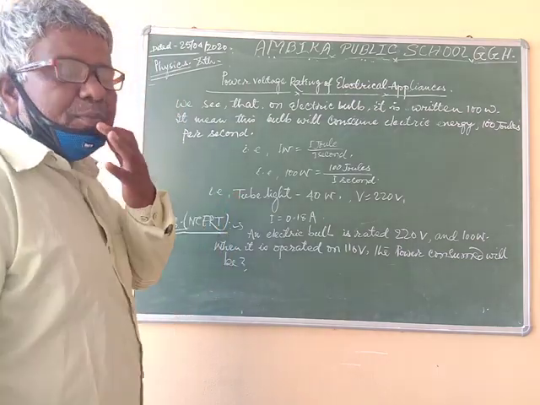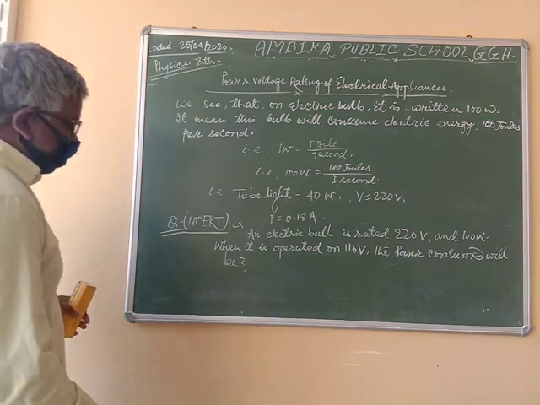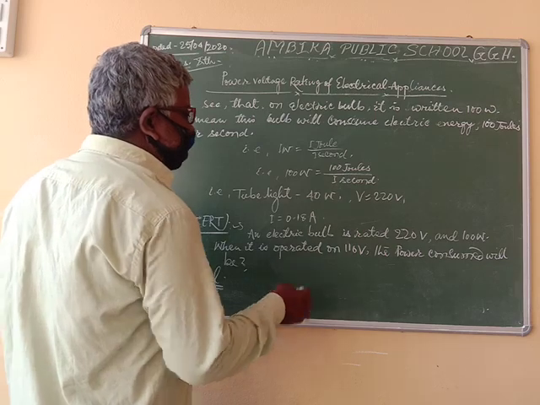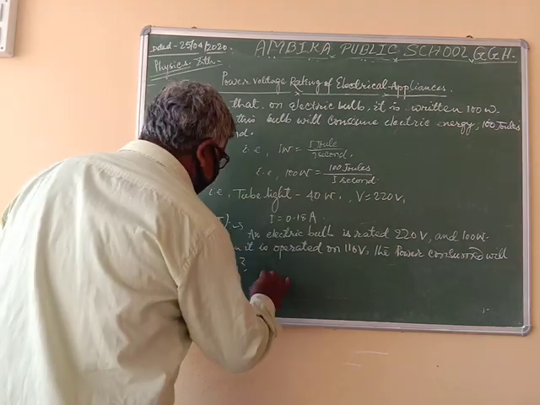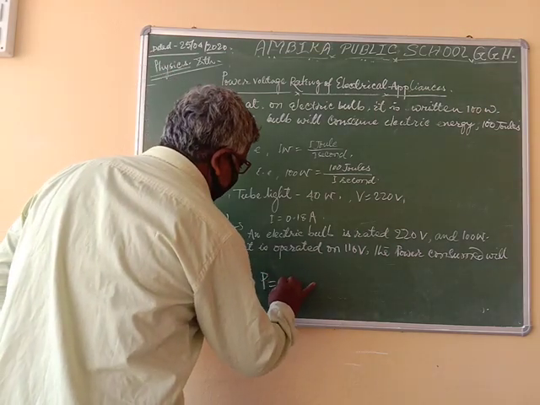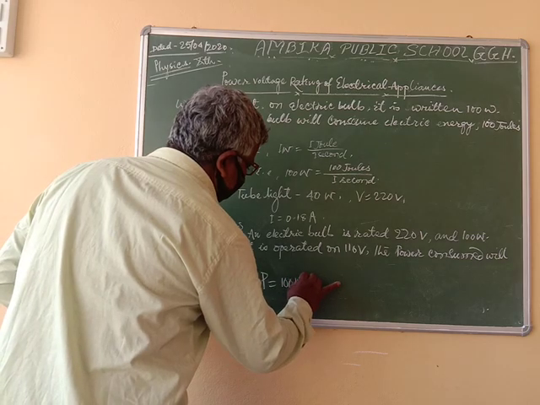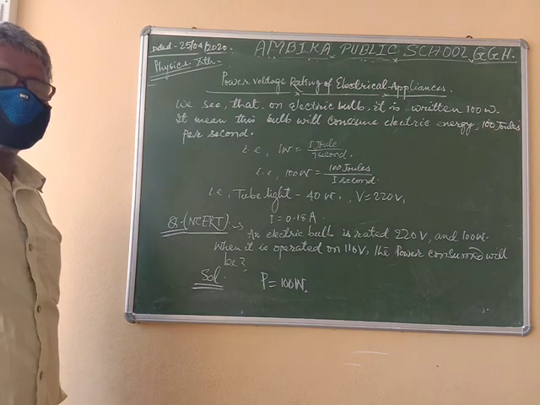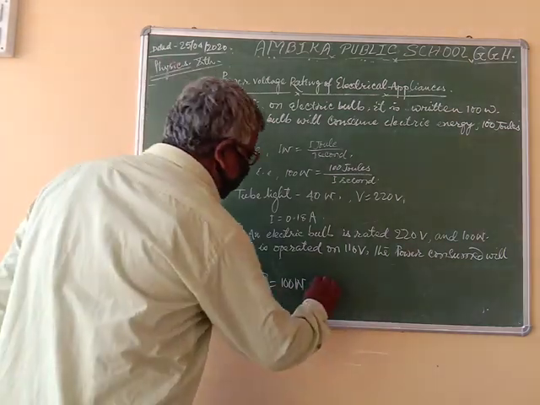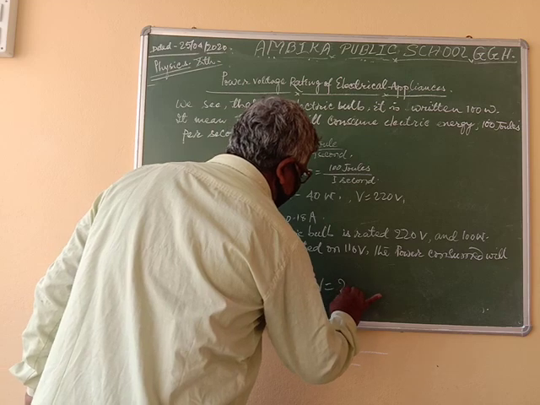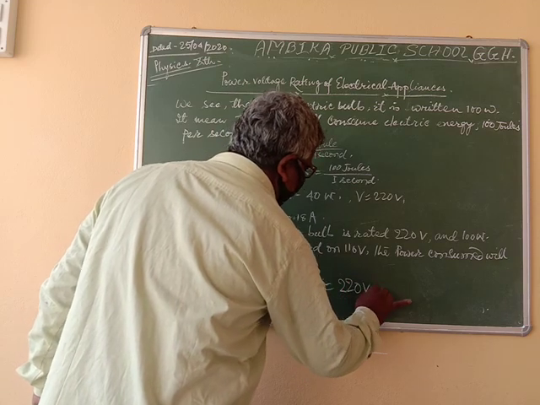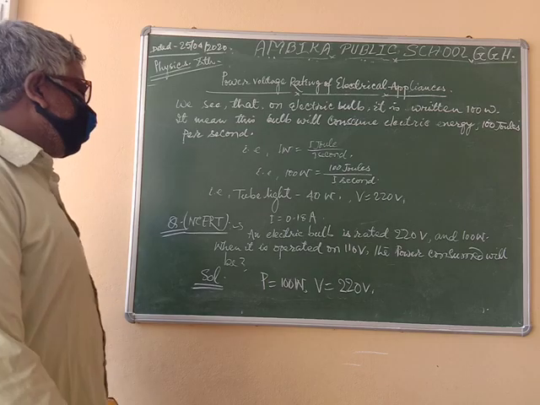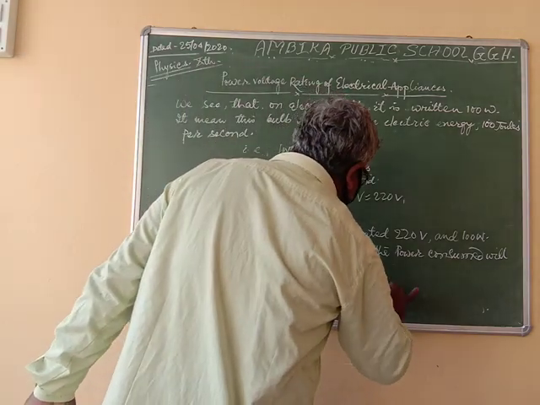First of all, from the data, power is 100 watt and voltage is given as 220 volt. Then what will be the resistance?